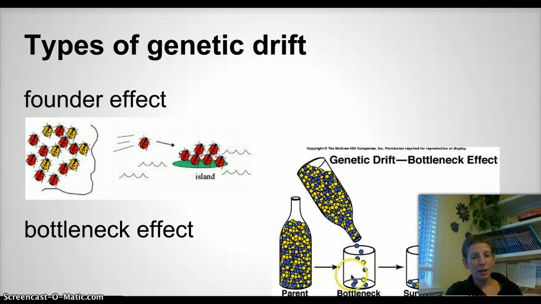And then the bottleneck effect, I just really love this image here, is when again a small portion of the population survives, and then that surviving population has a very different genetic makeup than the original population.